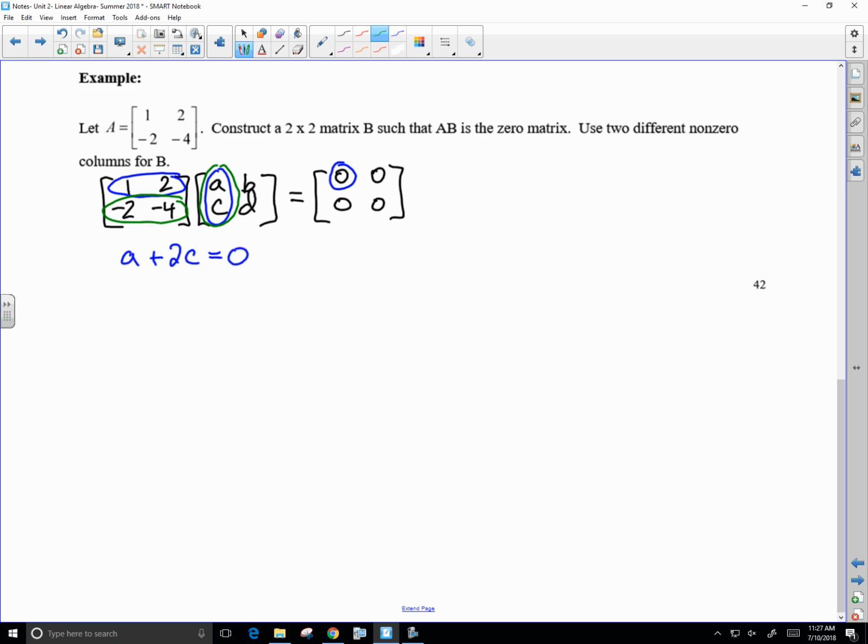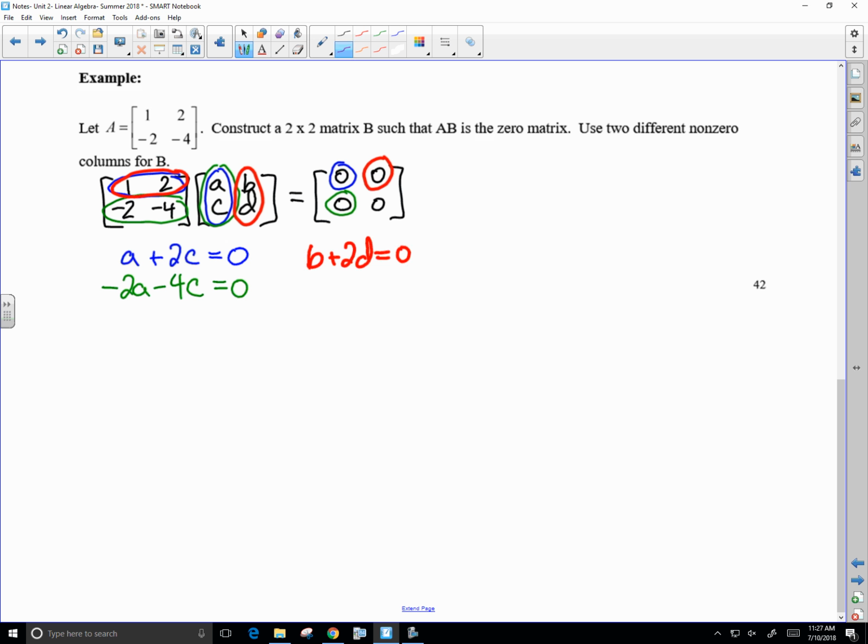It's another possibility. Negative 2A minus 4C equals 0. All right, second row, first column. Now, first row, second column, B plus 2D equals 0.